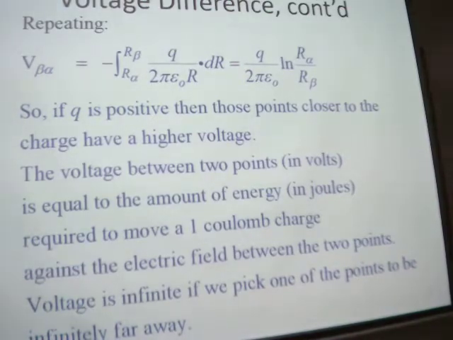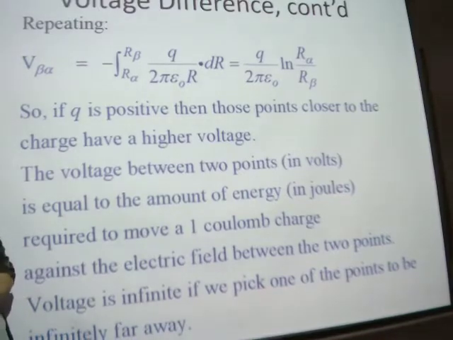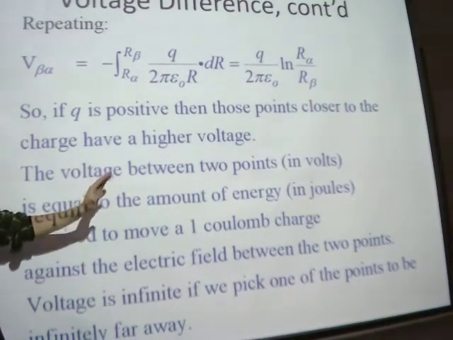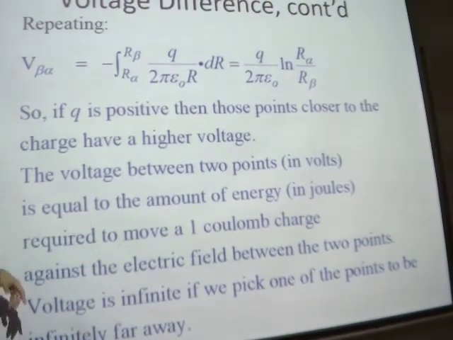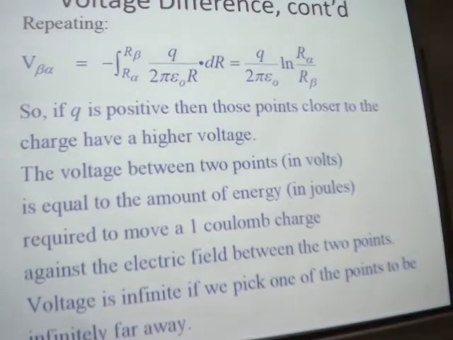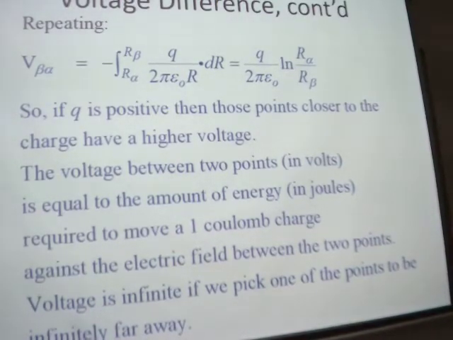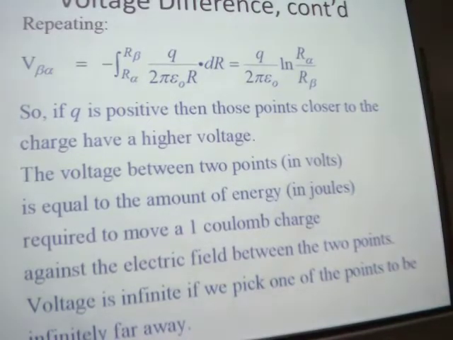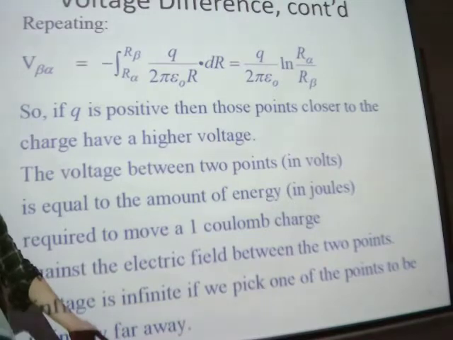To push this electric charge from the lower voltage point to the higher voltage point, we will consume energy. So that's why the negative. And third, the voltage is infinite when one of the points is infinitely far away. Infinitely far away, you can just choose the voltage as grounded. Okay.